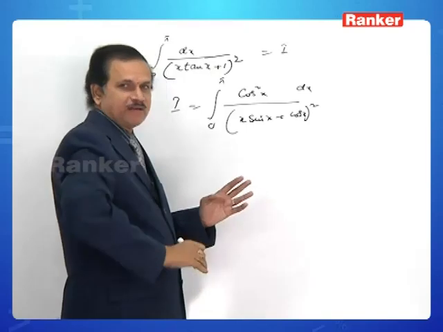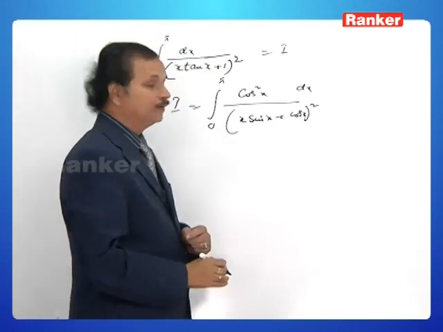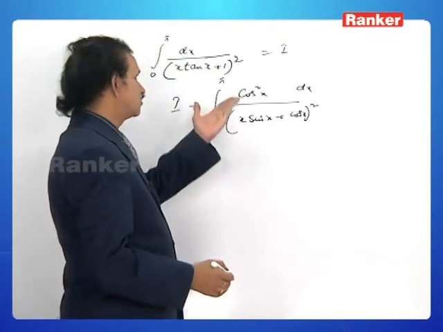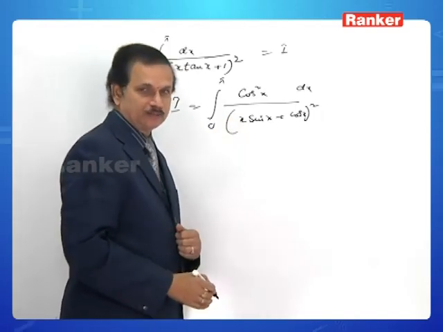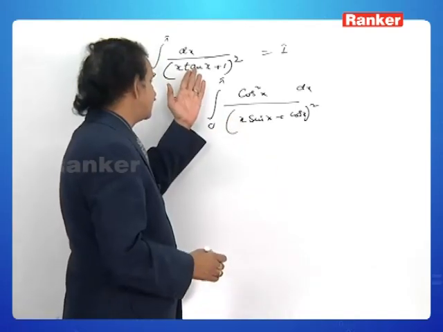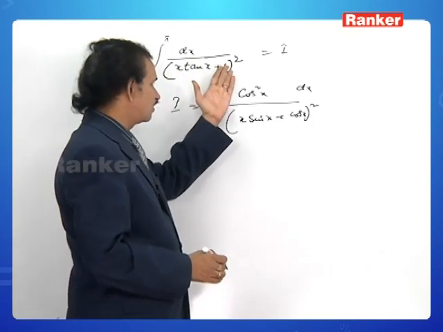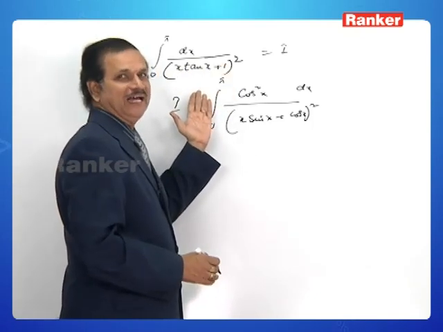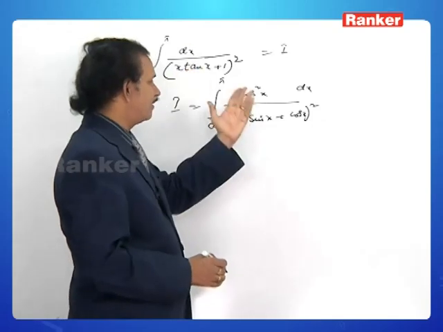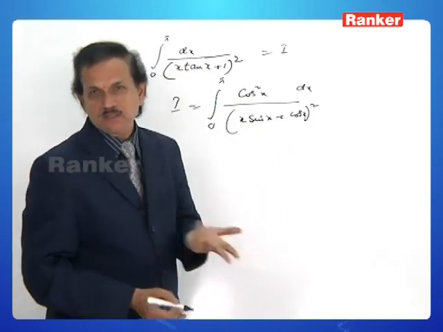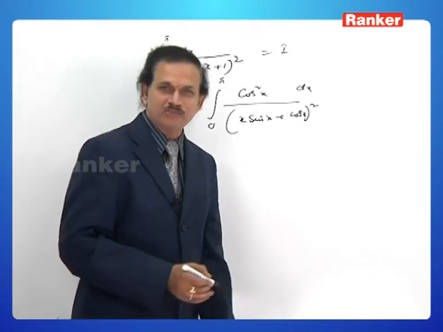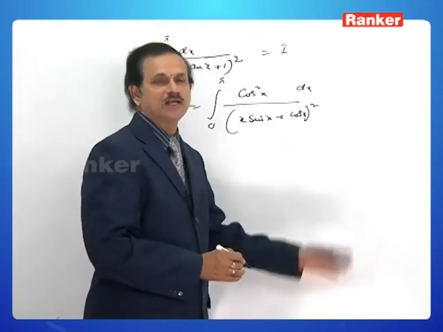How could this step be obtained? By multiplying cos square x on both numerator and denominator. Or otherwise, you take tan x as sin x by cos x and take the LCM, (x sin x plus cos x) by cos x, whole square. This cos square x goes to the numerator and becomes like this. Whatever you do, that is the ultimate step.